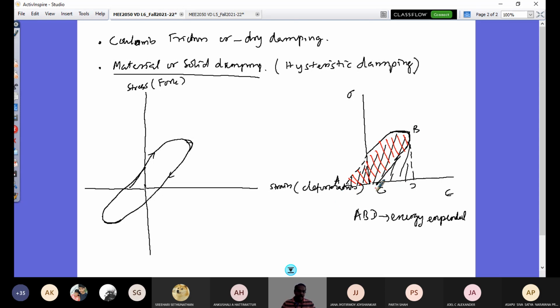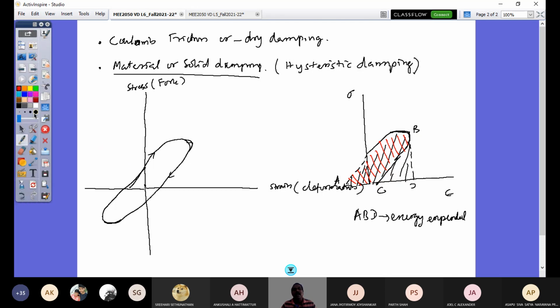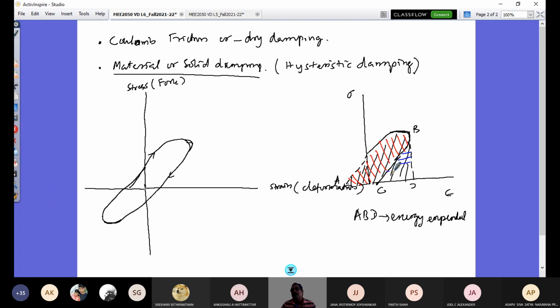So separating this, if you look at this area BCD, this triangular area, and that is the energy dissipated. So this one, the blue color, what is there? That is BCD is what is called an energy recovered.